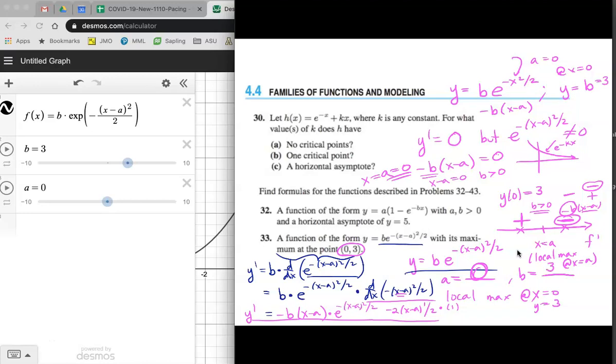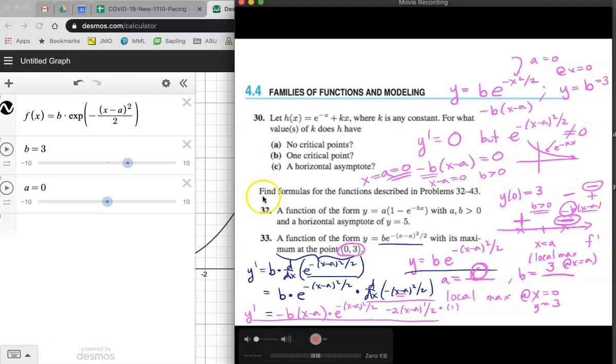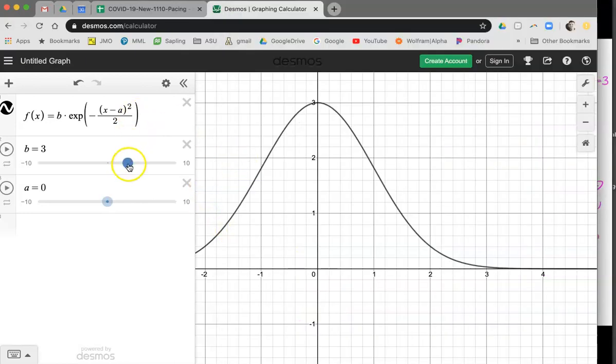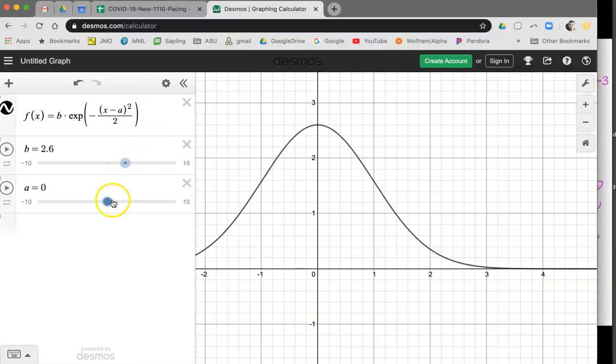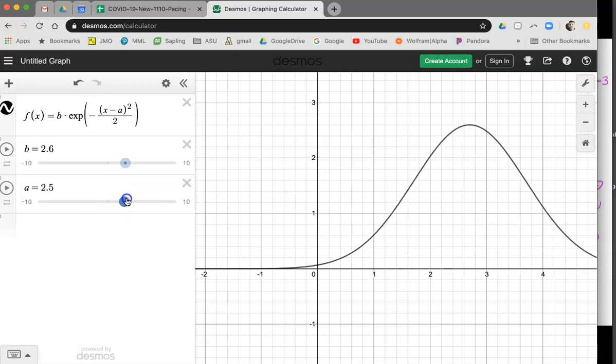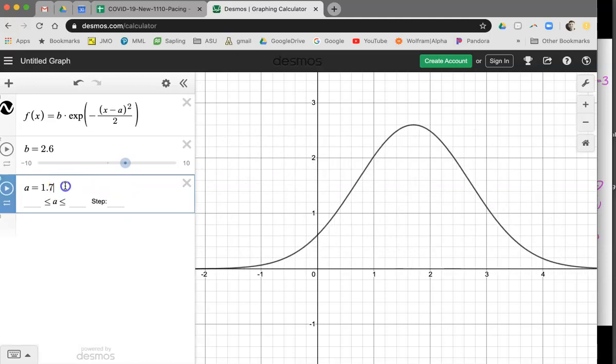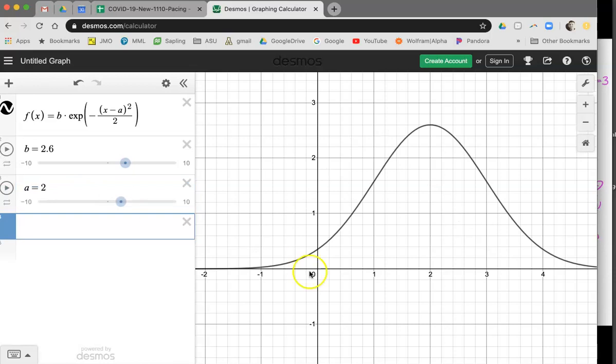So there is another example dealing with taking derivatives again, creating a sign line, and figuring out that no matter what the values of a and b are, we're always going to have a local maximum at x equal to whatever the value of a is. When a is equal to 2, you'll get a local maximum at 2.